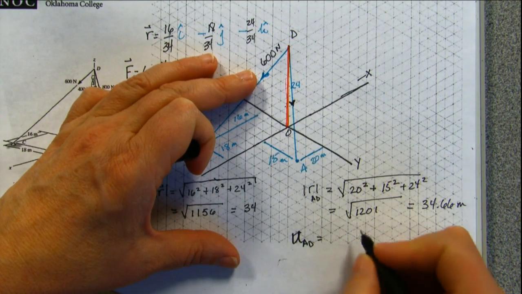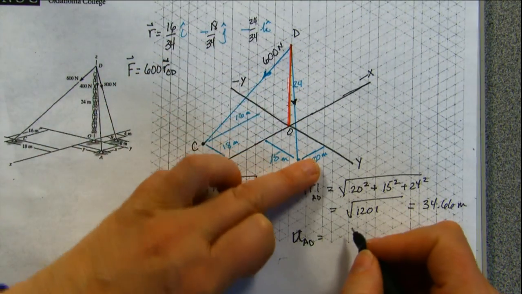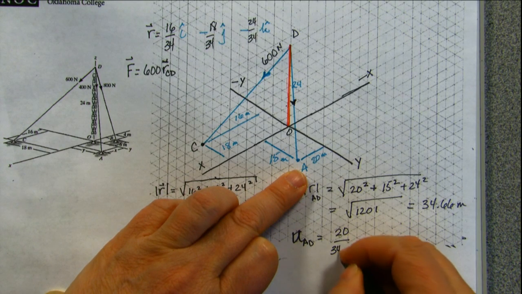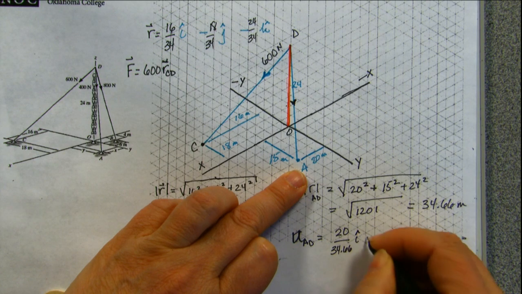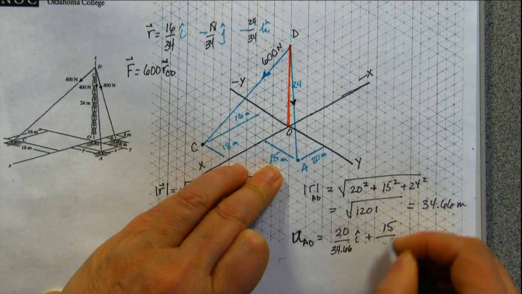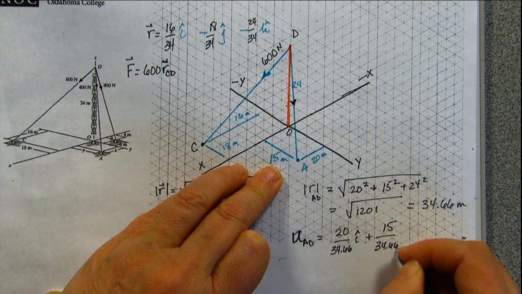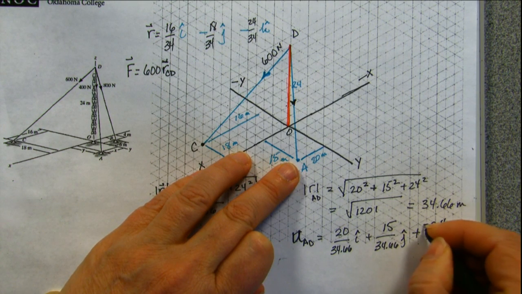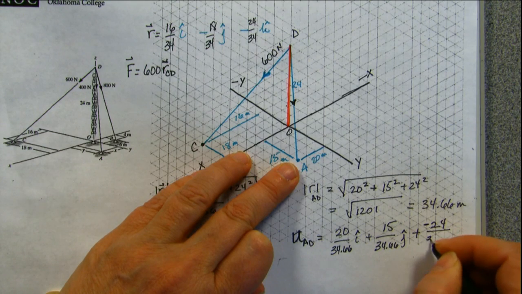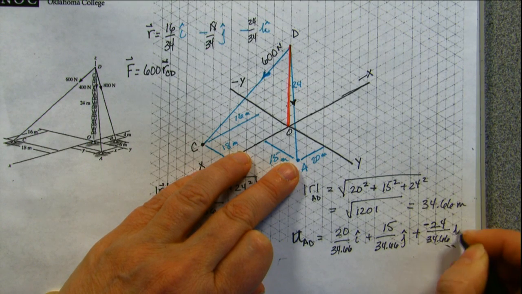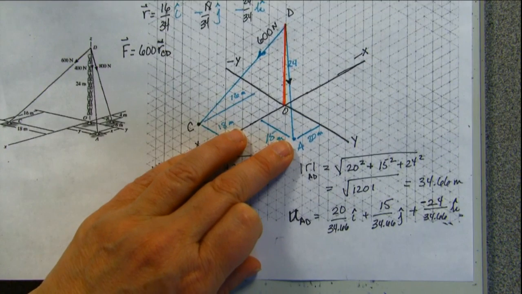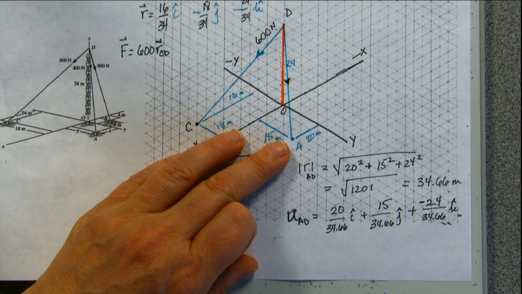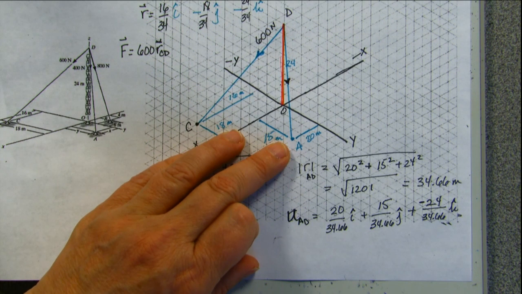So on my positive x, it's going to be 20 divided by 34.66 in the I. This is 15 divided by 34.66 in the J. And it's 24, but it's got to be negative, so I have to put my negative in there, 24 divided by 34.66 in the K. And that gives me my unit vector in that direction.